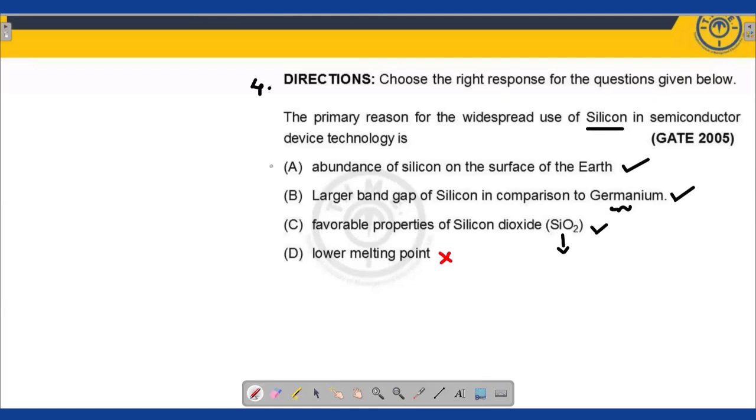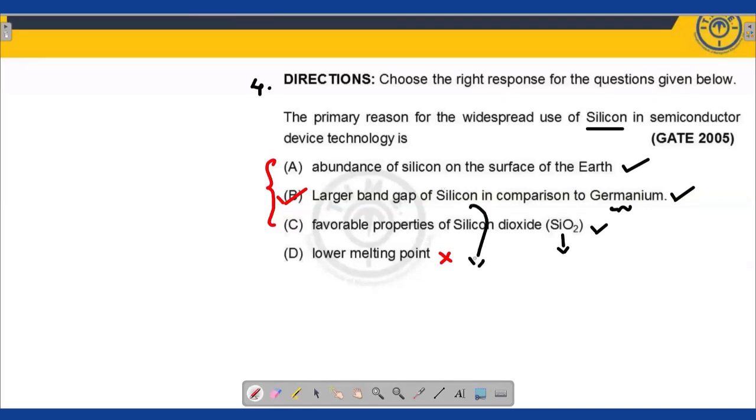So out of these three options, the best primary reason is B. Why is it B? I am going to tell you, my dear friends. Very, very important is the band gap, which is pretty important. The band gap of silicon, how much is it?